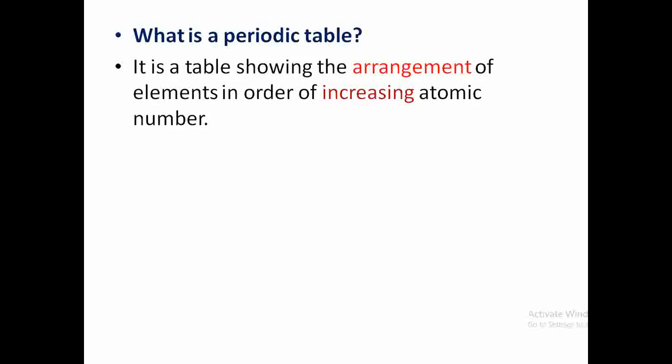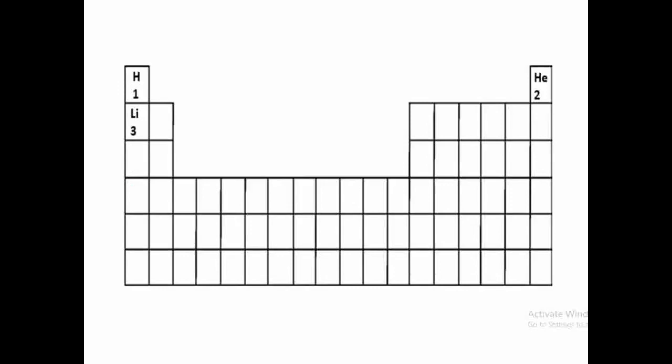In the periodic table, elements are arranged from the lowest atomic number to the highest, and from left to right. Hydrogen with atomic number 1 comes first, followed by helium, lithium, and so on. Can you complete this table? Yes, you can.